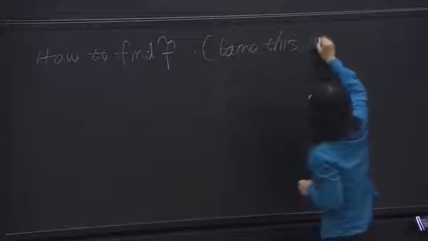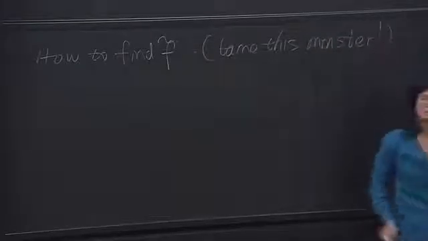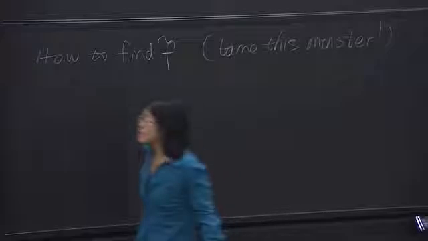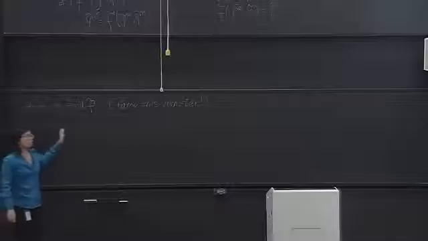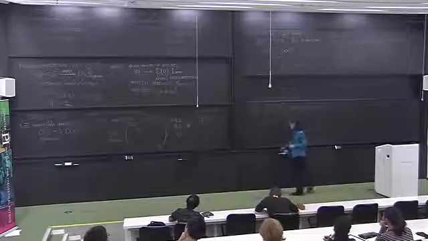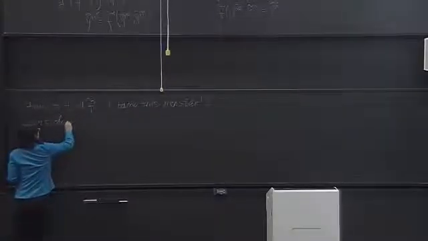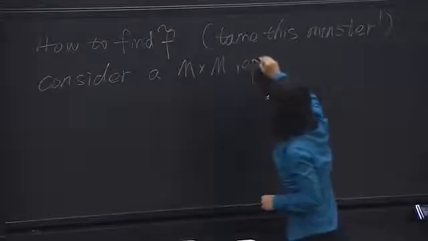We can review the secret by using the machinery we just developed. First, we're going to start with a representation. So let's consider an m by m representation.